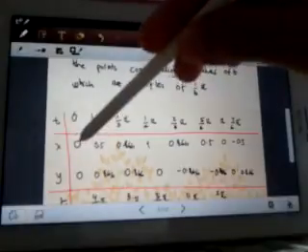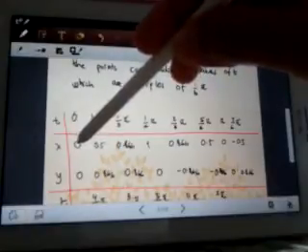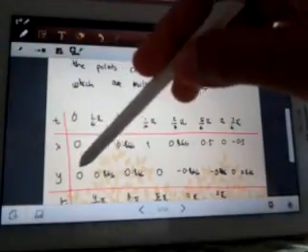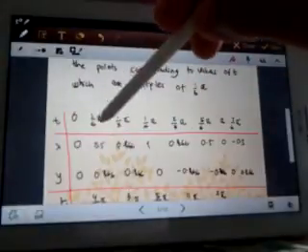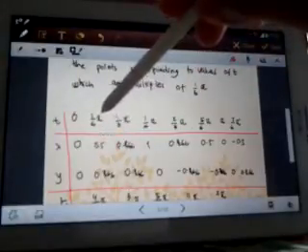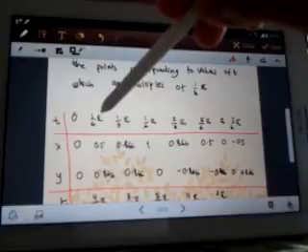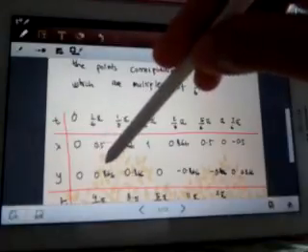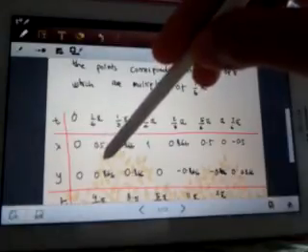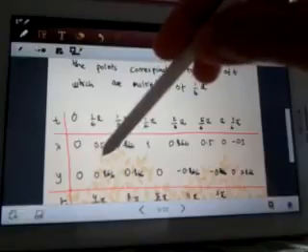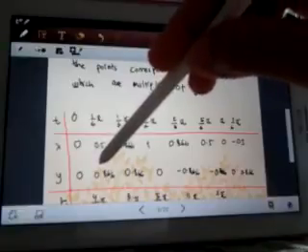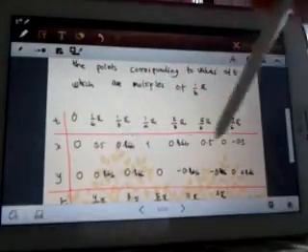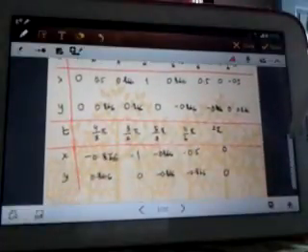For example, x is equal to sine 0, which is 0, and y is sine 2 times 0, which is sine 0, equal to 0. Then for 1 over 6 pi, x is sine 1 over 6 pi, so 0.5, and y is sine 2 times 1 over 6 pi, which is 0.866, and so on until 2 pi.